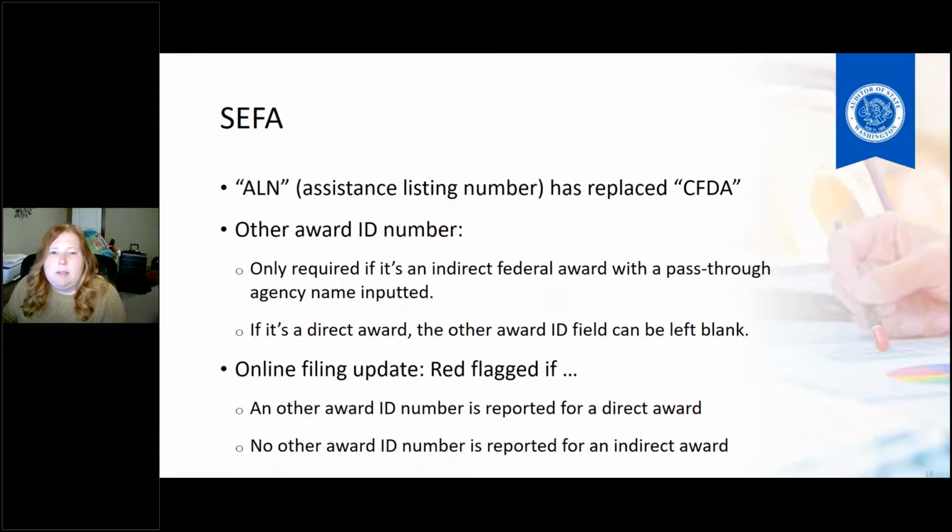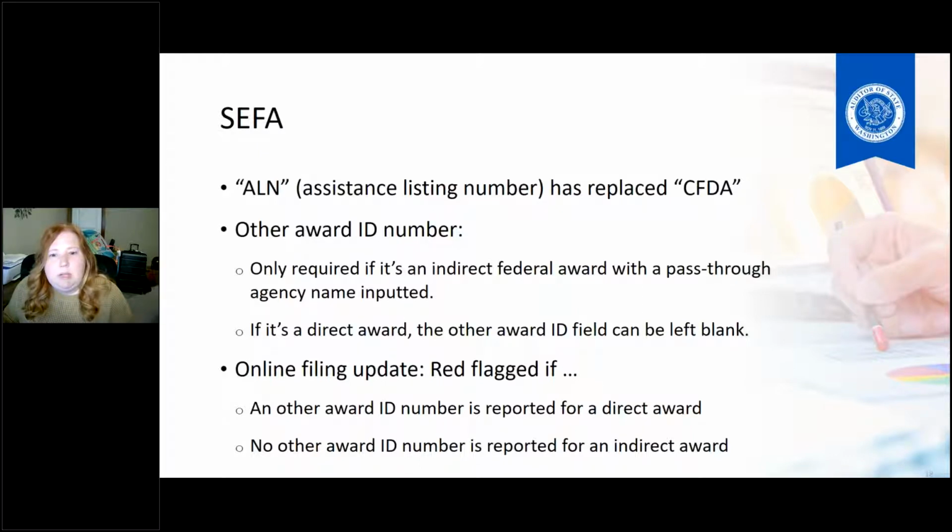And there are some instances where there truly is no other award ID number assigned by the contract or agreement. In those cases, you can put an NA for not applicable into that field. Since something is required there in order to submit, you can put an NA if you don't have one.